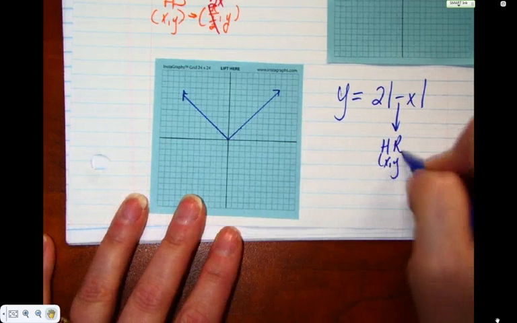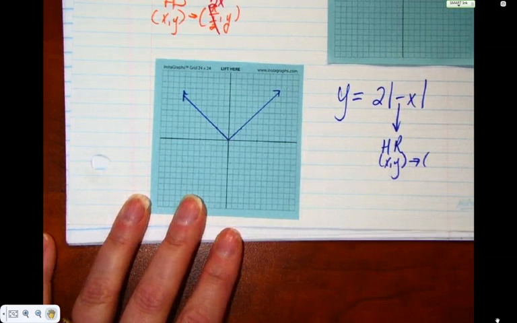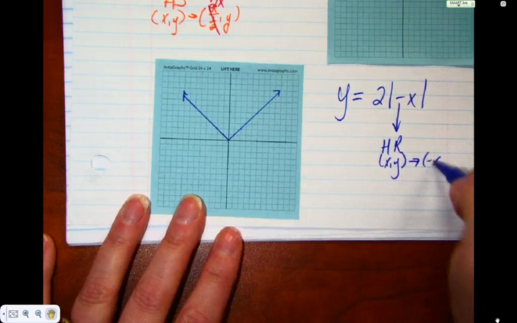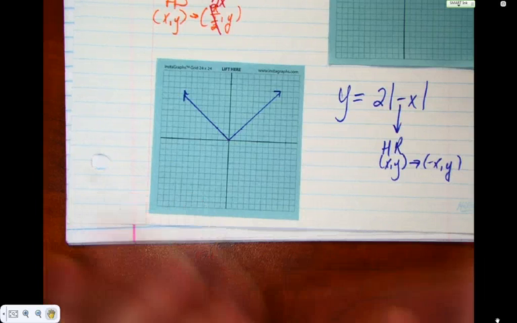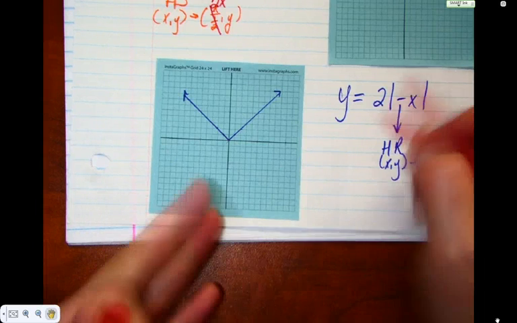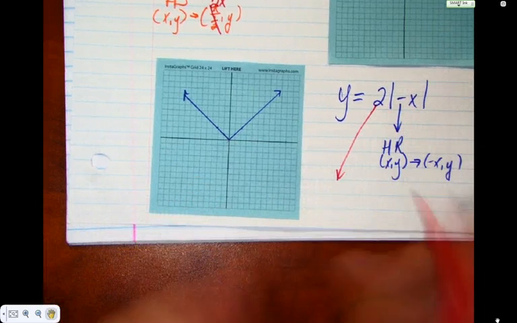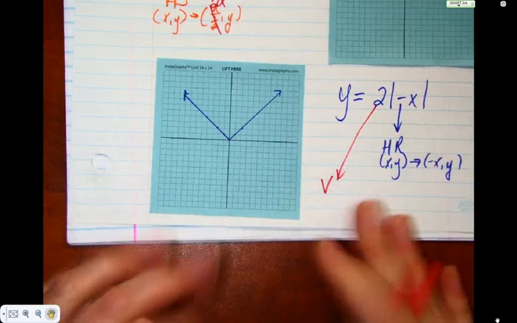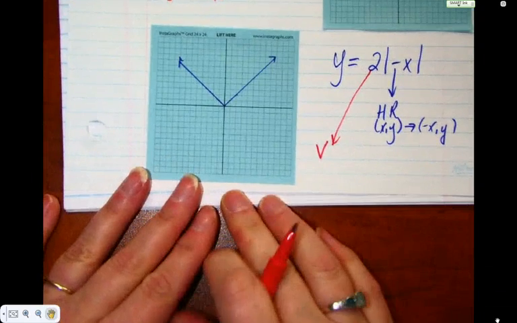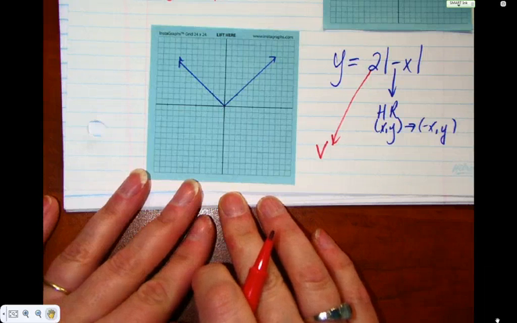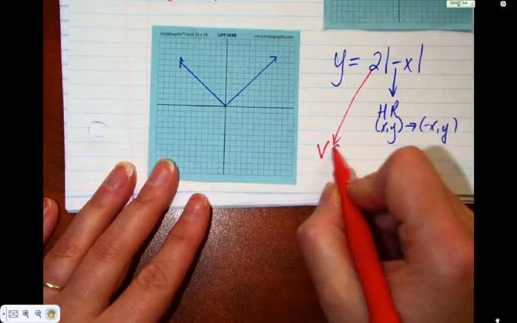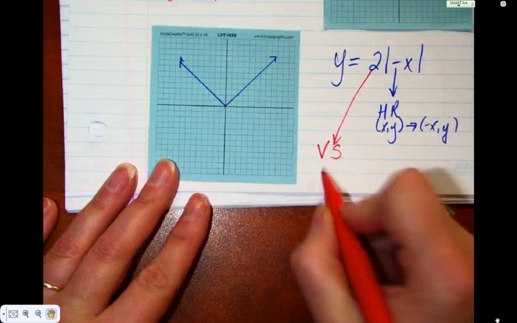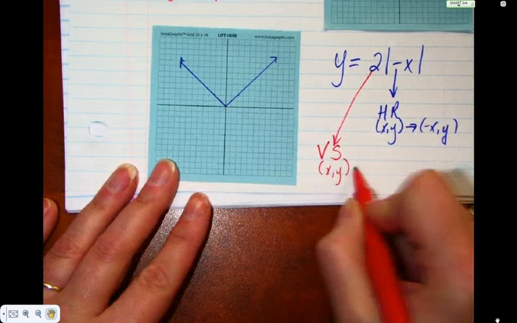XY goes to negative X, Y. Going outside of that absolute value, so that is a vertical something something. Multiplication by 2 means it's a stretch or compression. Whole number means it is a stretch. XY goes to X, 2Y.